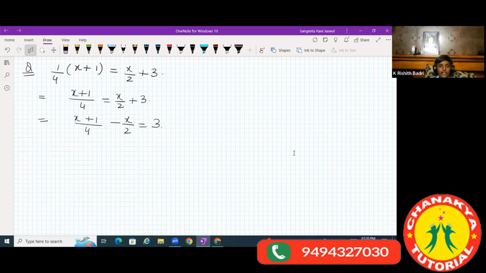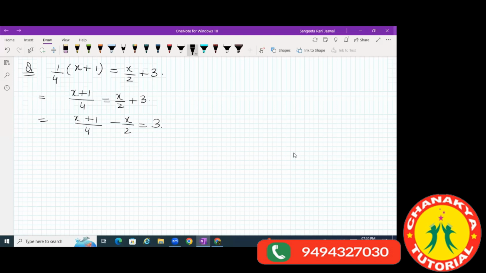Ma'am, I did till taking all the x values. Okay, that means still here only. Now see, this was one X term and this is another X term, right? So I have taken both the X terms on the left hand side, right?